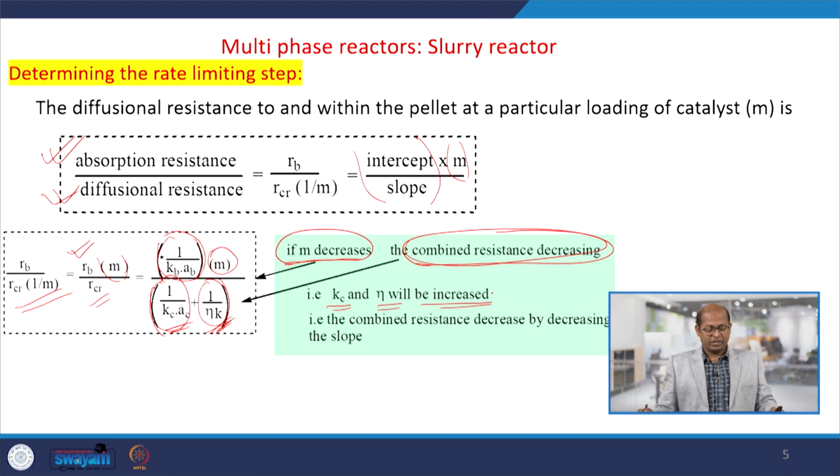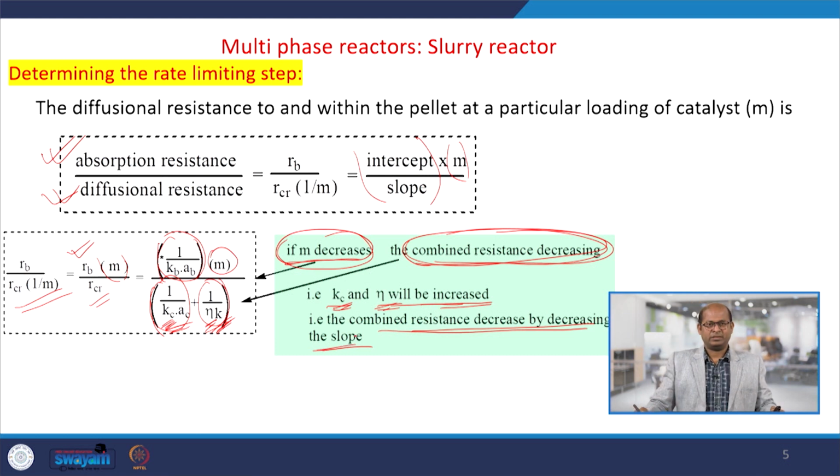Kc is the external diffusion mass transfer coefficient, and eta is the efficiency. To keep this balanced, we have to increase the Kc or eta value. So the combined resistance will decrease by decreasing the slope. If we decrease the catalyst quantity, the combined resistance will decrease, and as a result the slope of the system decreases.